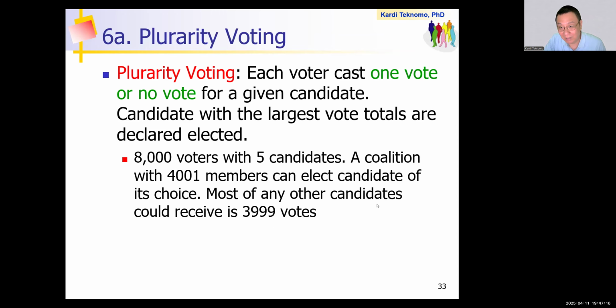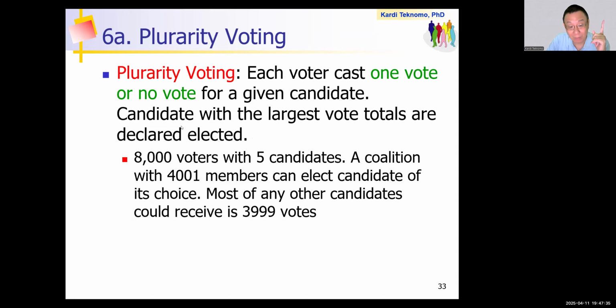Why? Because any other candidate will receive less than that majority. Remember, in plurality voting, each voter casts only one vote or no vote for a given candidate.